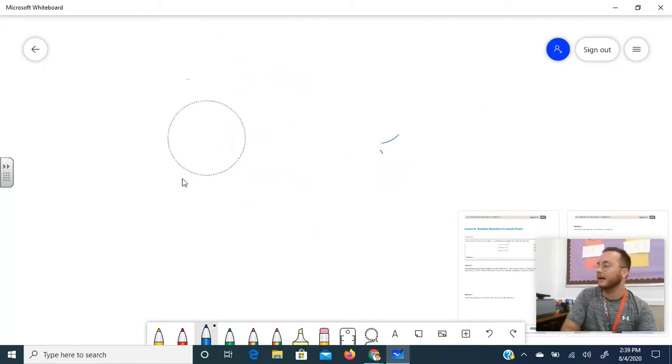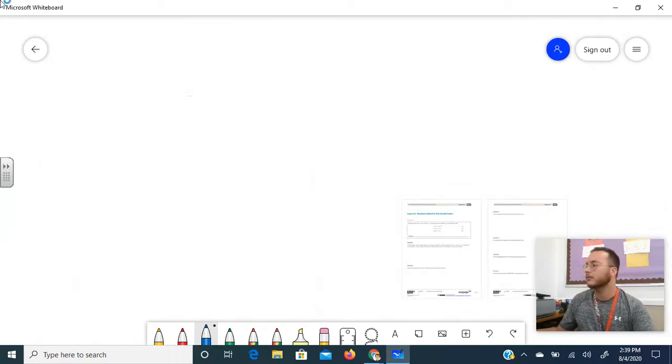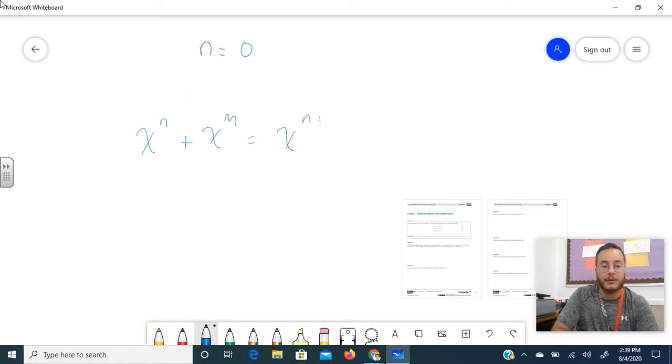Let's look back at one of our rules. If I say that n is 0, and I have equation 1, x to the n power times x to the m power equals x to the n plus m. So let me replace that.